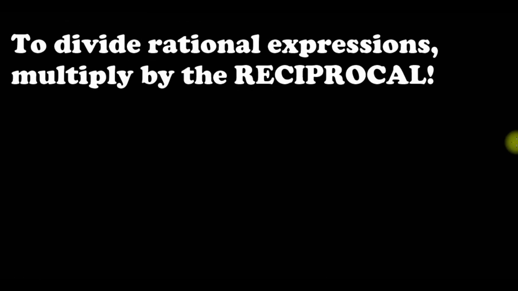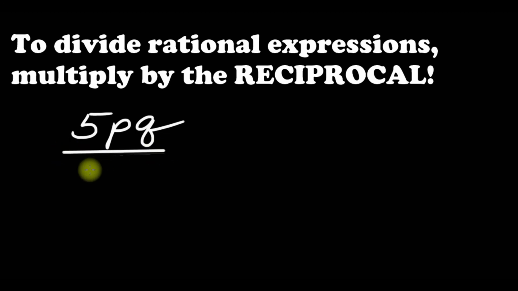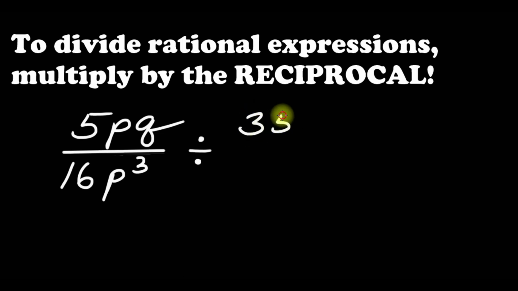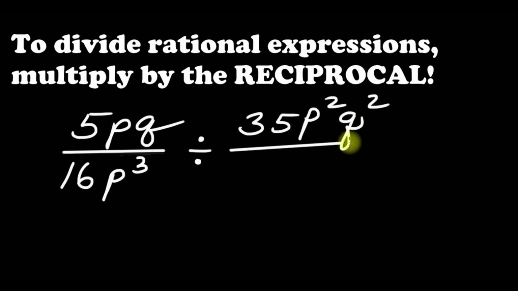Okay, so let's take a look at an example. So here we have 5pq, okay, all over 16 p to the third power, and we're going to divide by 35 p squared q squared all over 8q to the fifth.